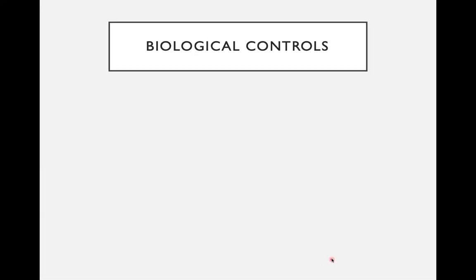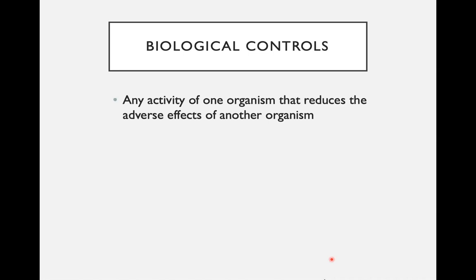All right, now into some of the more interesting pest control strategies. This is a type of strategy that has actually gained a lot of popularity in sustainable agriculture. This is the use of biological controls. In this type of pest control, we're now relying on the activities of natural enemies or natural predators of our pest organisms to keep our pest populations in check.